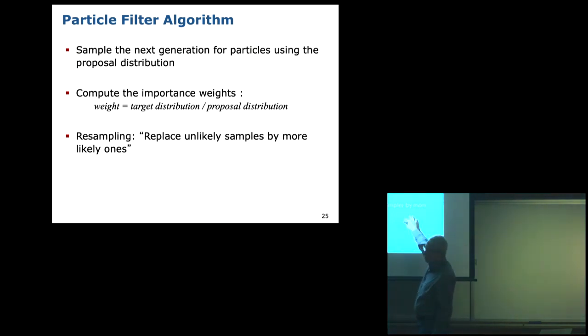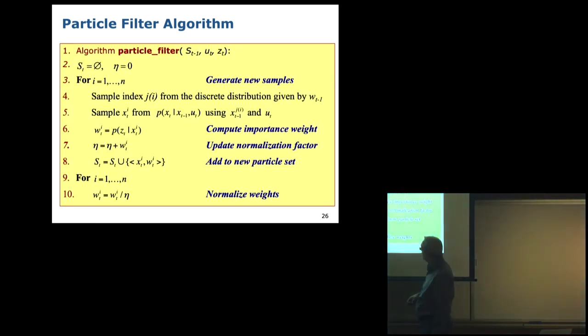And the resampling operation, this magic thing that we only implicitly talked about thus far, is the operation that replaces a particle set containing unlikely state hypotheses with likely ones, basically by drawing more likely cards from that deck of cards. And this is the algorithm over here.